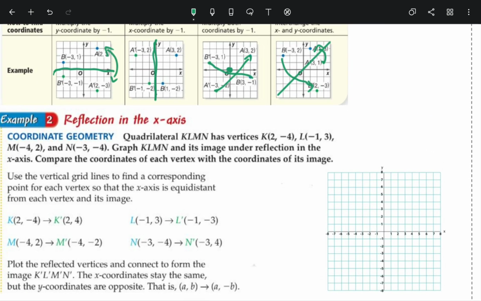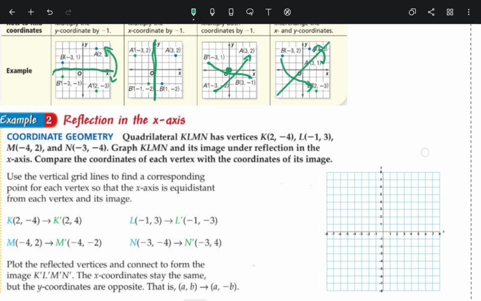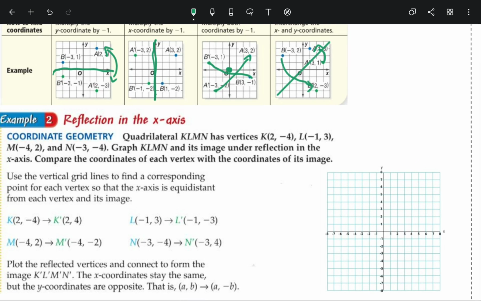So let's look at this example here. Quadrilateral KLMN has the vertices K (2, -4), L (-1, 3), M (-4, 2), and N (-3, -4). Like so.